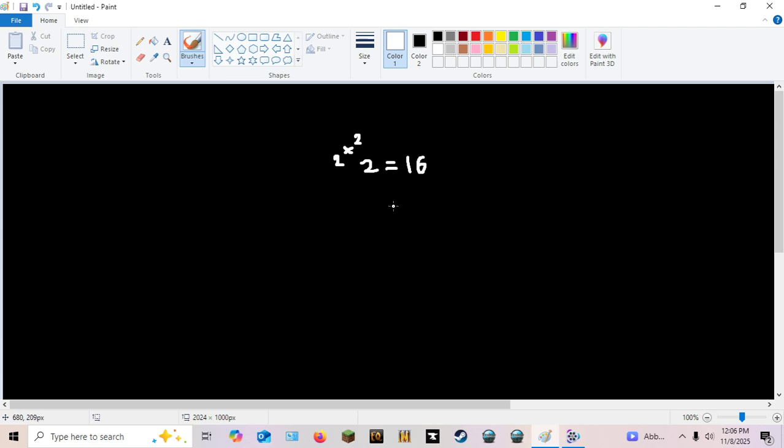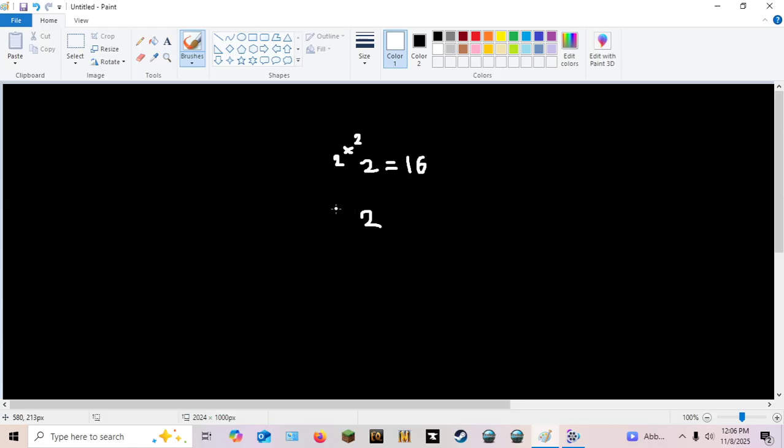So first, in my previous video, I just used the common base. The common base between 2 and 16 is 2 because 2 iterated to 3 is 16. So let's replace 16 with 2 iterated to 3.